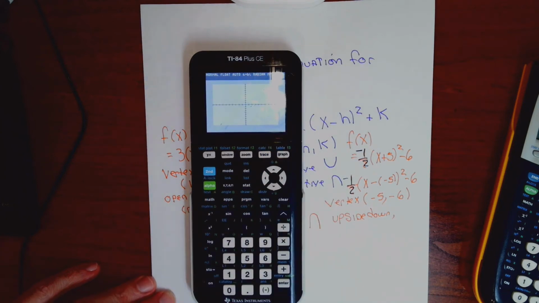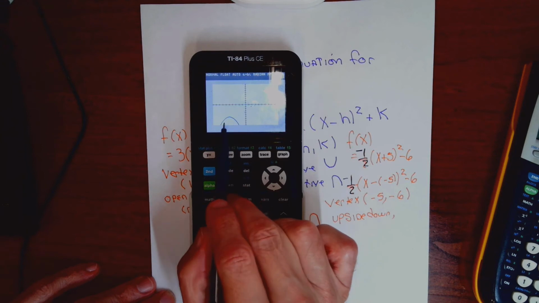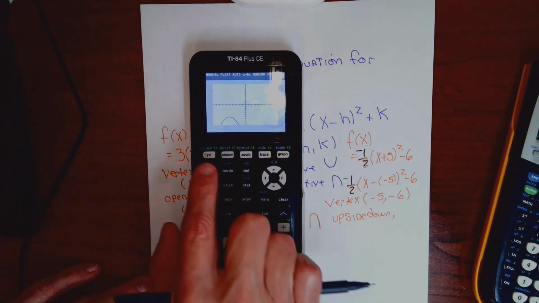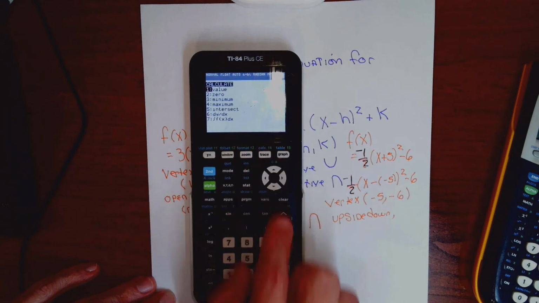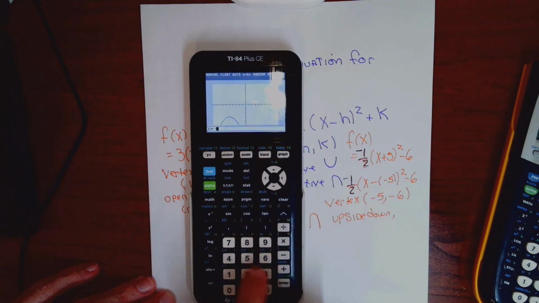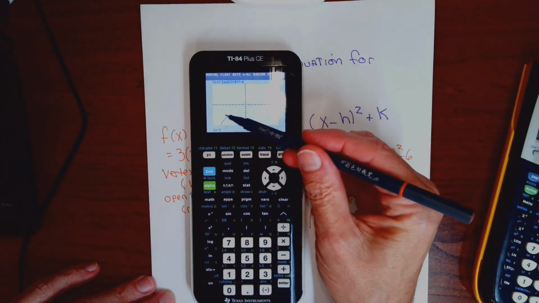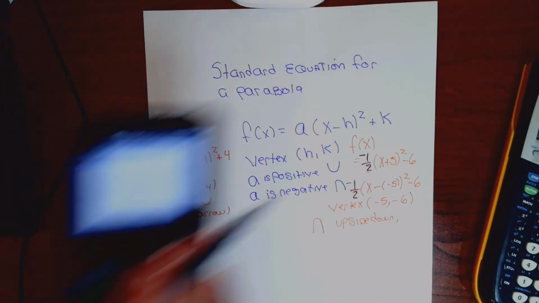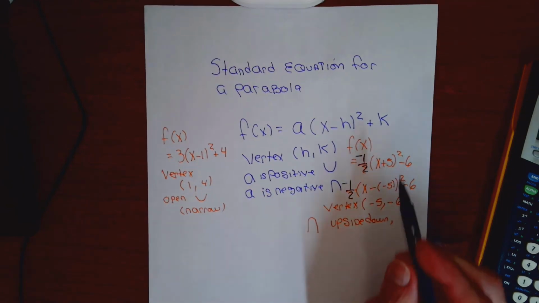Graph it. It's upside down. It's wider than the last one. I claim that's the point -5, -6. I'll show you it real quickly. I'm going to go second calc, value, type in x equals -5, and my cursor shows you that's -5, -6. So this is standard form with the minus signs in the parentheses.